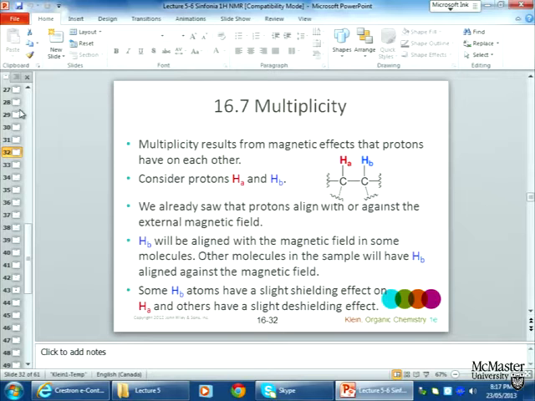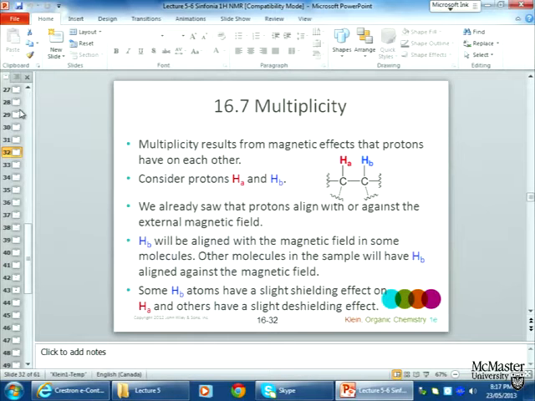And so in one particular molecule, HA will feel the magnetic field reinforced by HB. And in another molecule, it will feel a lesser magnetic field and it will resonate at a different frequency. So the end result is that magnetization gets transferred from HB to HA. Half the molecules, here's the chemical shift of HA if it were a singlet, half the molecules are shifted slightly one way and the other half shifted slightly the other way.